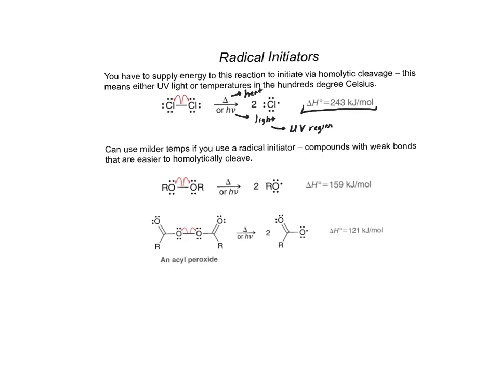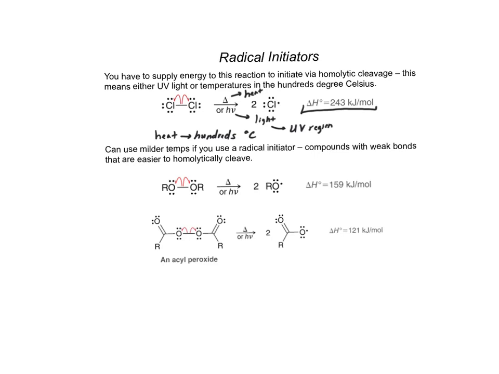If instead we were using heat, we would have to heat up the reaction to hundreds of degrees Celsius to actually provide enough energy for this to go, okay? So a lot of times we don't want to do that. If we heat things too much, we'll get unwanted byproducts, etc. So one thing that we can do is utilize something called a radical initiator.